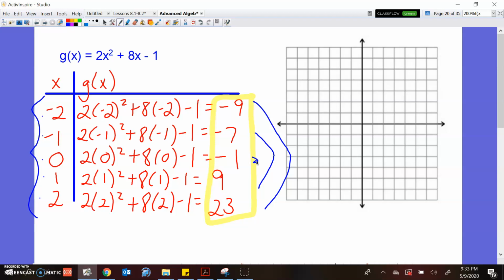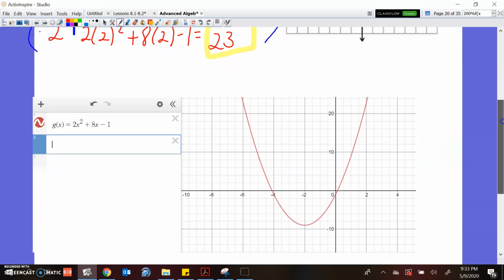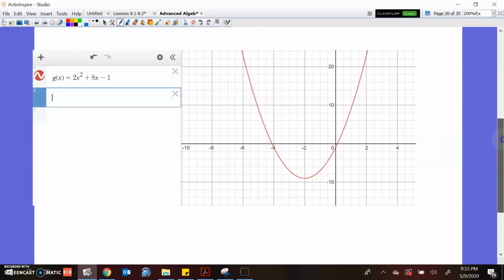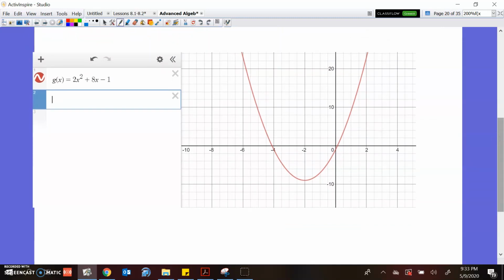Now, it makes sense. I actually graphed it down below and took a screenshot of it. Look, this graph here is not symmetric about the y-axis like all the ones we've done before. And the reason is because there's a b value. That 8x, that b value of 8, shifted the graph, okay? So it's over here. So it moved it a little bit.